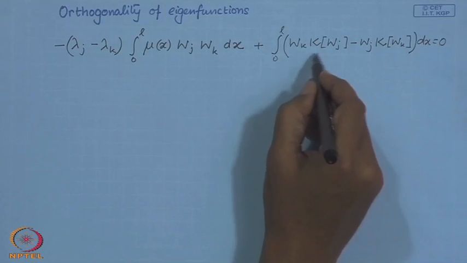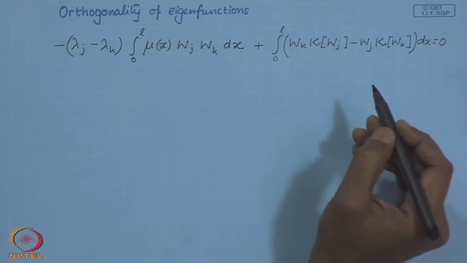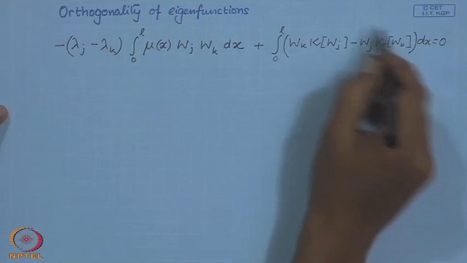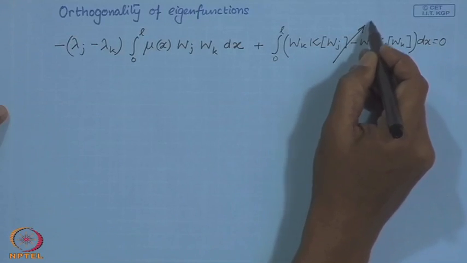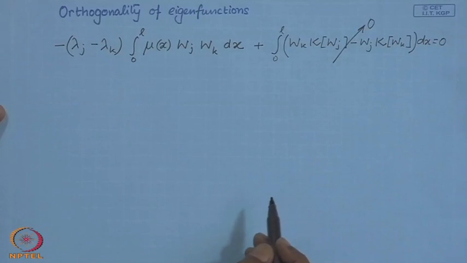If the operator k is self adjoint, then this term vanishes.